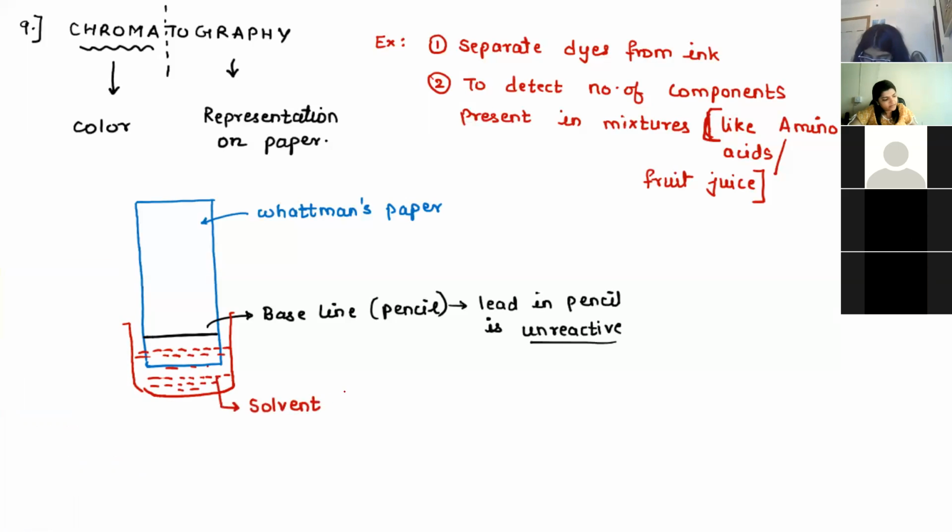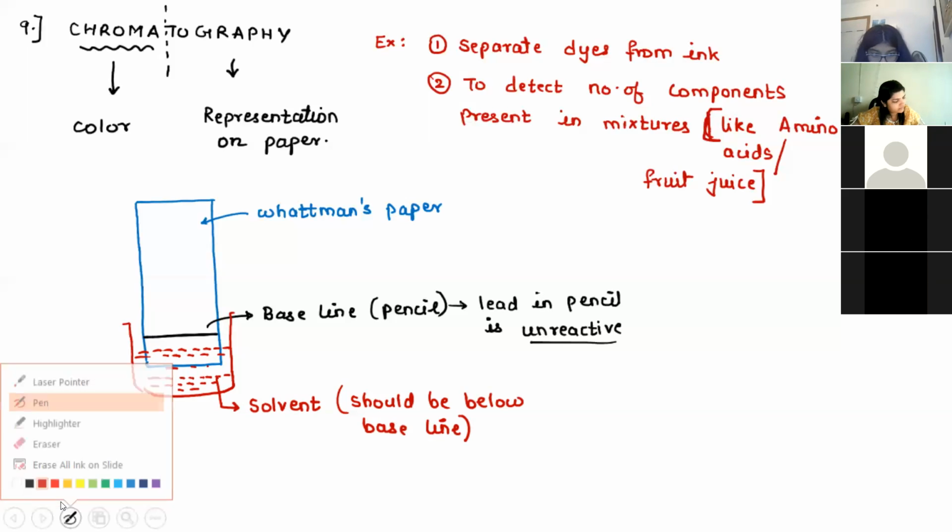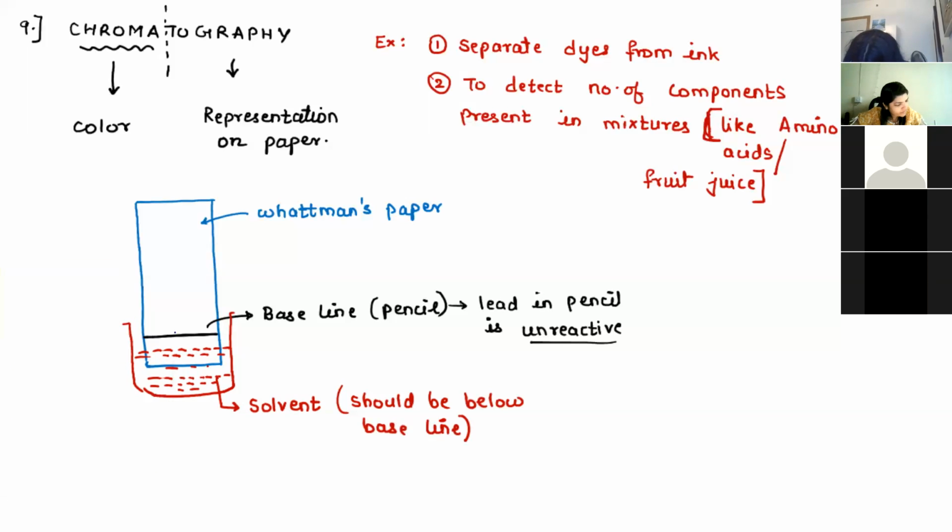Now the solvent should be below the baseline. Then you will put a sample over here, and you will allow the solvent to run through the sample on the top.